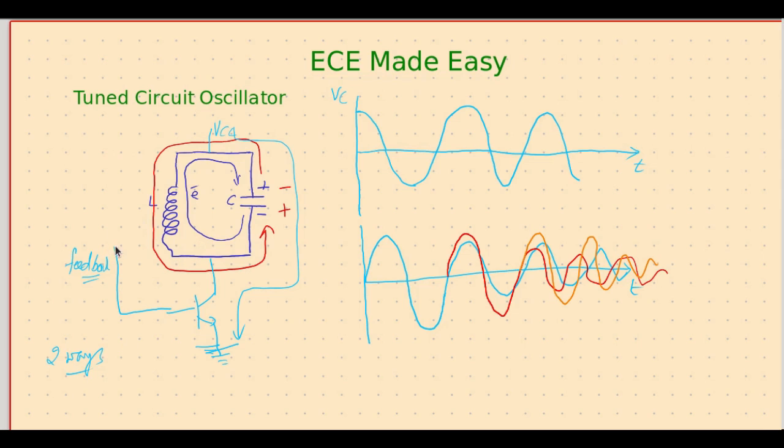One, you can connect this in the center of the inductor. That means use two inductors, so that gives you the idea of what phase the output is in. Or instead of working with one capacitor, you can work with two capacitors forming the third point, and that is taken for feedback.